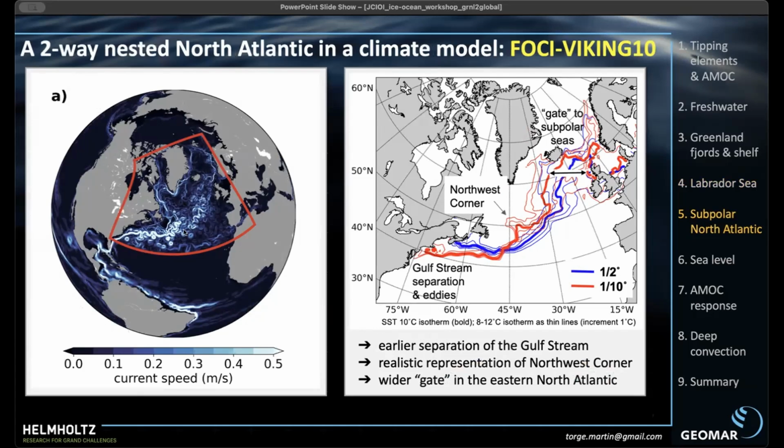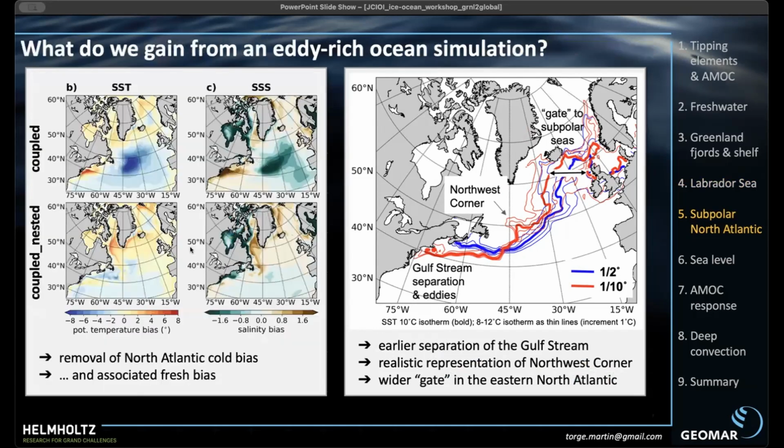And what this aids is basically that you see on the right-hand side, I think it's the 10-degree isotherm or 12-degree isotherm in the Atlantic, that if you have high resolution, your Gulf Stream separates much earlier from the coast, takes this well-known northwest corner and doesn't go all the zonal way across the Atlantic.